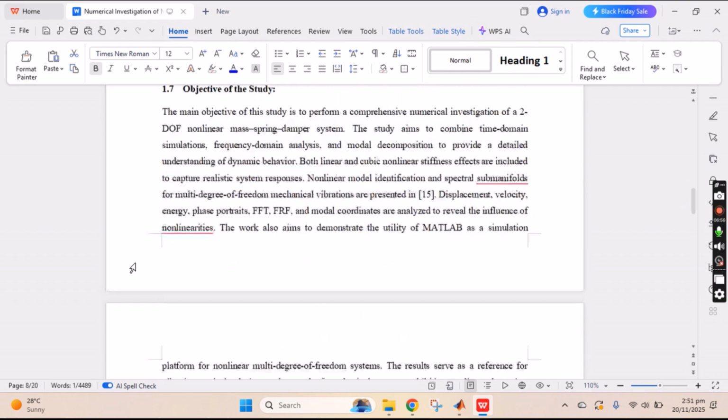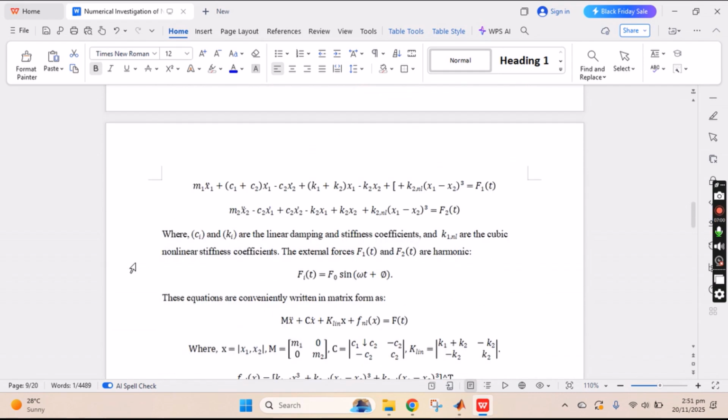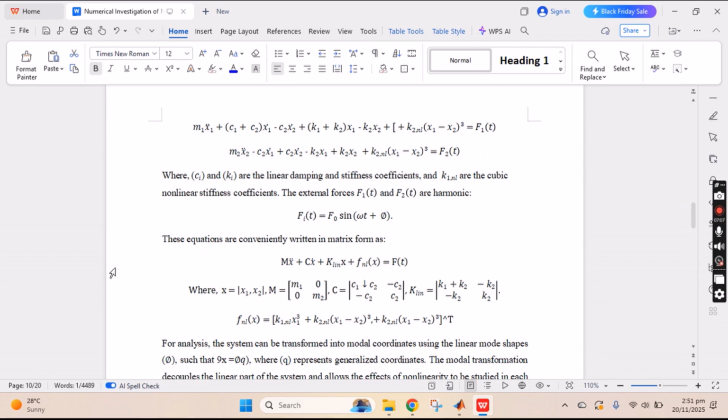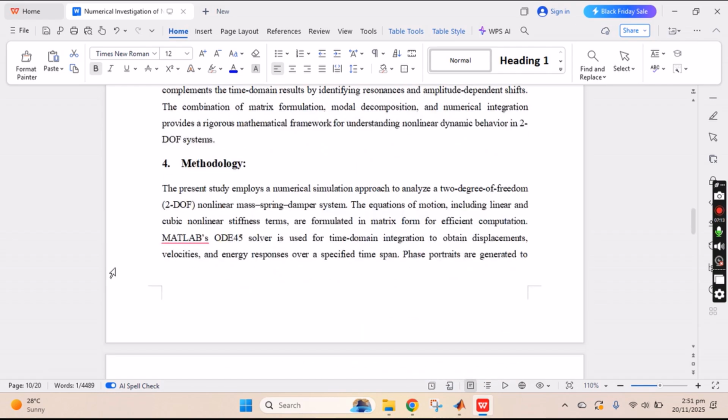So here is the objective of the study and the problem statement, added with the mathematical approach. These are the mathematical equations used with the linear damping and stiffness coefficients and the cubic nonlinear stiffness coefficients. Okay, so here is the methodology.